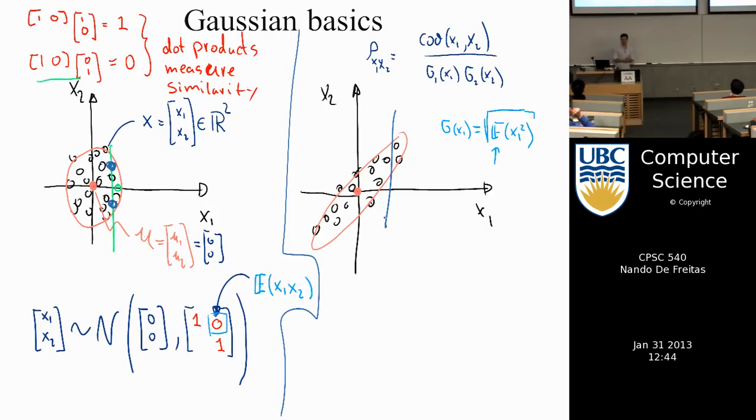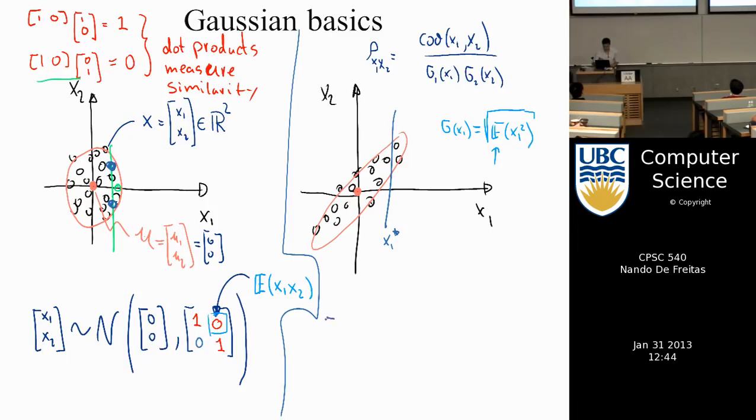In this case, if I pick a particular value of x1, this particular value, then I know that x2 will be positive with great probability. So knowing something about x1 tells me something about x2. So on the right, the points are correlated. The two variables are correlated. Knowing about x1 allows me to know something about x2. On the left, when the points are spherical, I don't have that information.